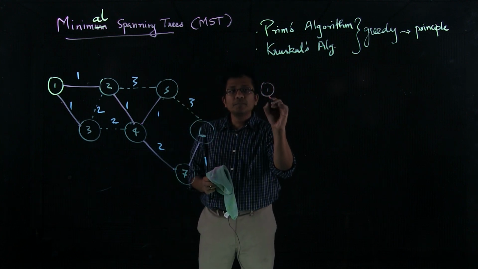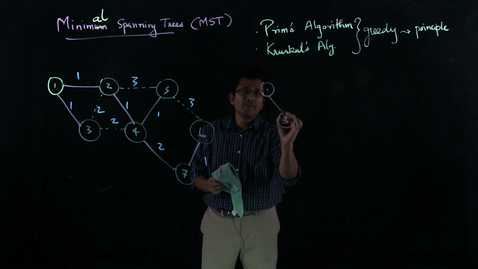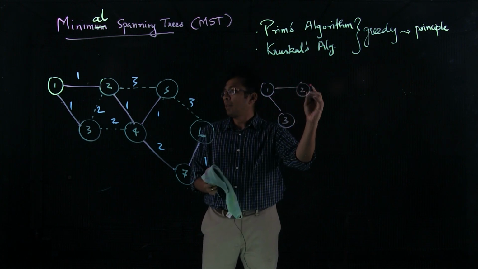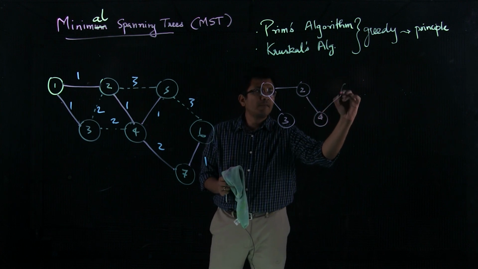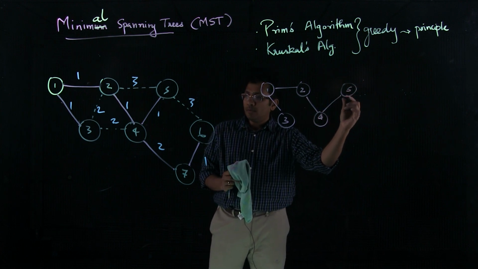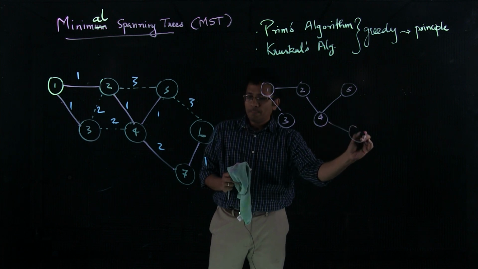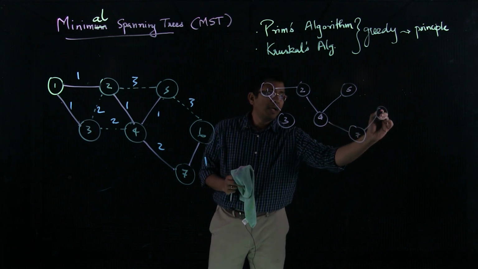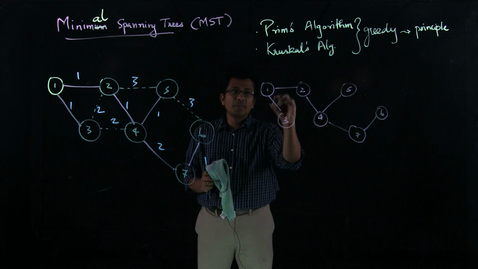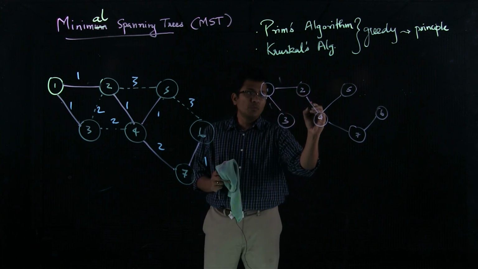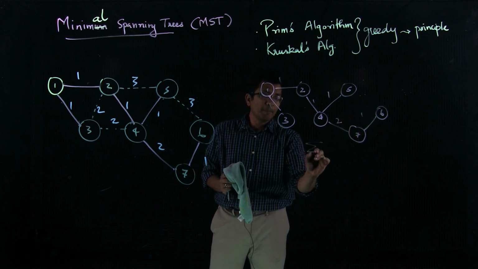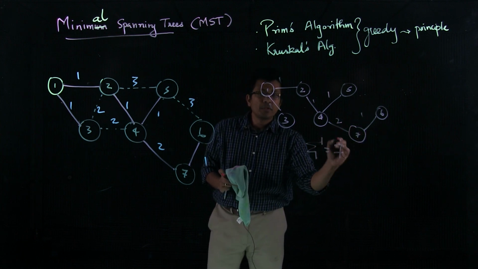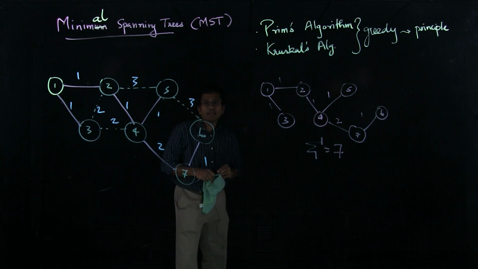It's going to have 1, 3, 2, 4, 5, 7, and 6, and the total weight is going to be 1 plus 1, 2, 2 plus 1, 3, 3 plus 1, 4, 4 plus 2, 6, 6 plus 1, 7. So I claim this is the minimum spanning tree.